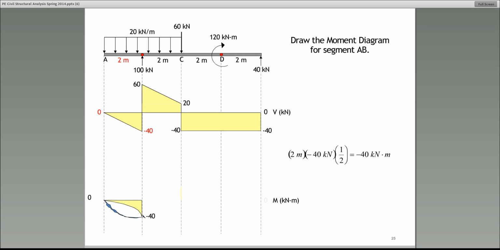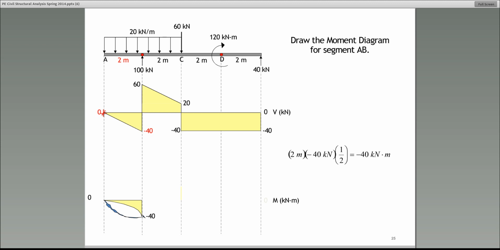I'll repeat. The slope of the moment diagram at any point is equal to the intensity of the shear at that same point. All right? Now tell me, what is the intensity of the shear at the point A? It's 0. I hope that you do agree that the intensity of the shear at the point A is 0.